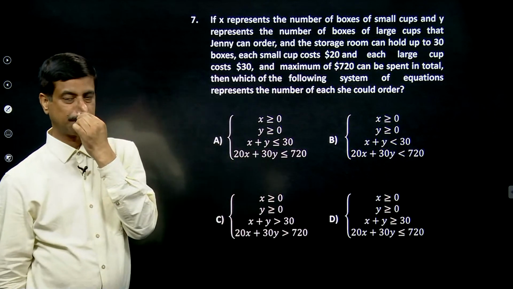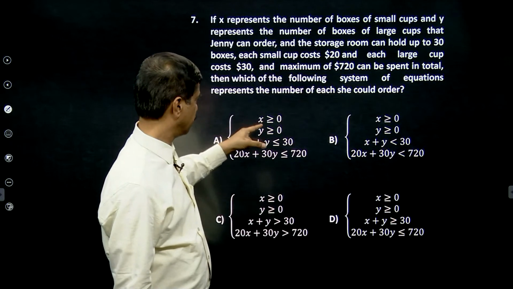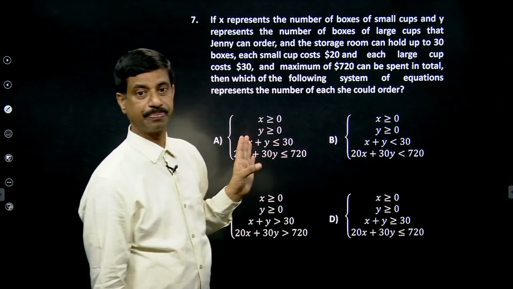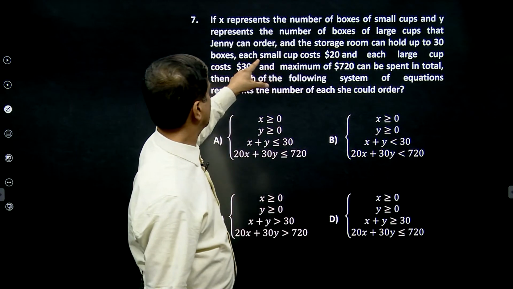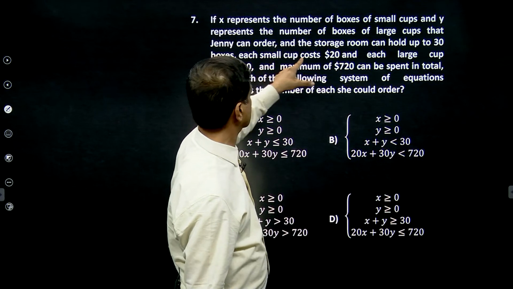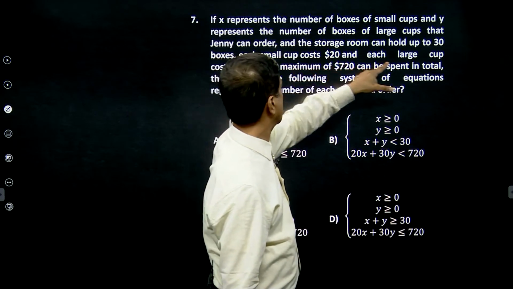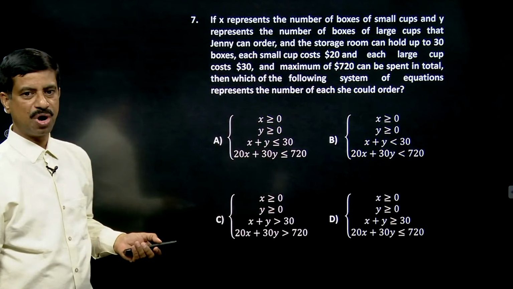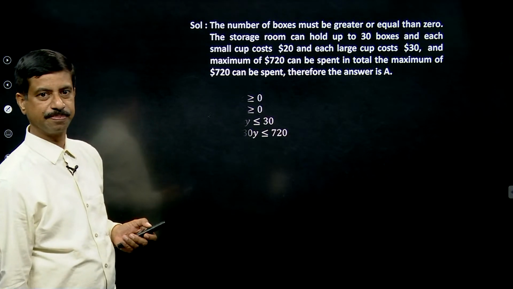So the first and foremost point is both x and y should be greater than or equal to 0. How many of these options have it? 1, 2, 3, 4, all have the same. Next, each small cup costs $20 and each large cup costs $30. So what are the other equations that should satisfy these given things?